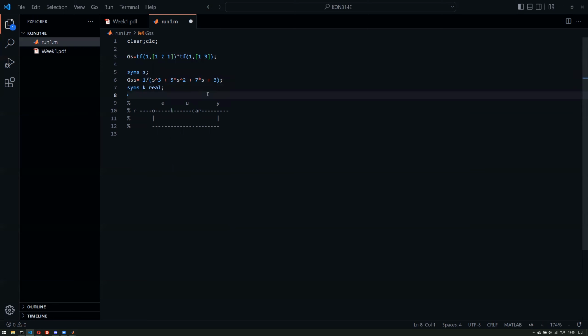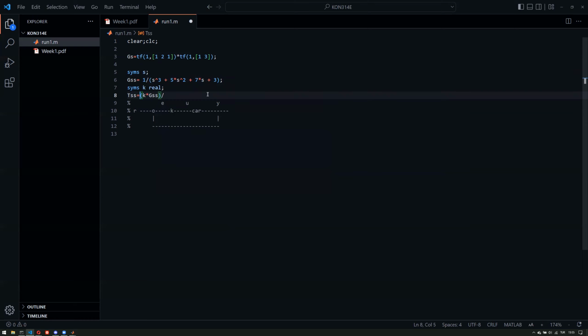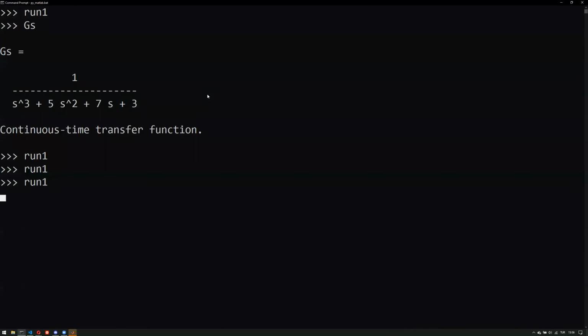Now, once we have done that, the only thing that is left is to calculate a closed loop transfer function, and that's kind of easy. We have k times GSS divided by 1 plus k times GSS. Now, of course, if you look at this, it'll look a little bit ugly here.